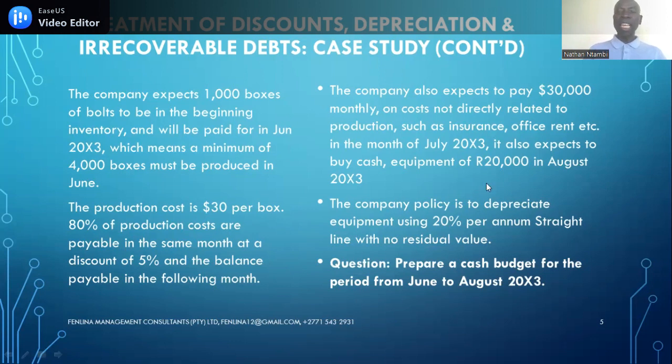The company policy is to depreciate equipment using 20% per annum straight line with no residual value. Question: prepare a cash budget for the period from June to August 2023.